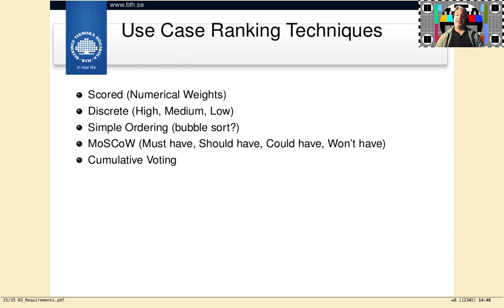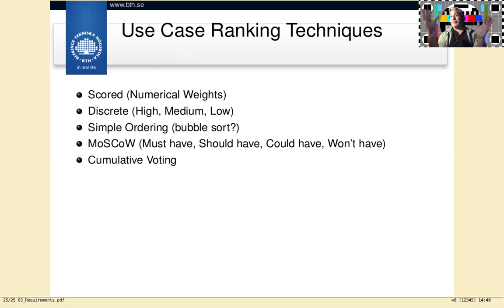Cumulative voting is similar in the sense that I get an ordered list. I get a few other benefits, that they are on a ratio scale and so on, but at least it's an ordered list. So cumulative voting is that I say, here's 100 points, and here's the set of requirements. Now distribute those 100 points on the requirements so that the most important requirement has the most points.